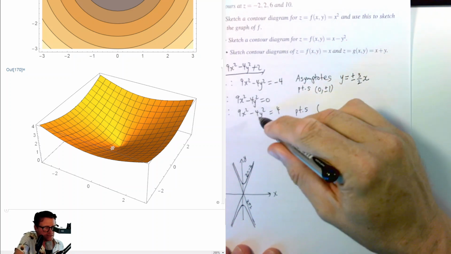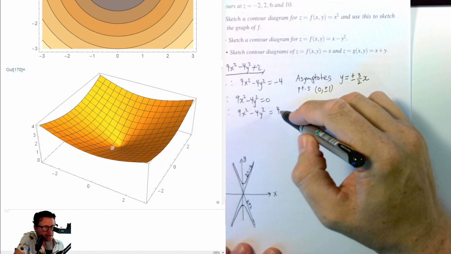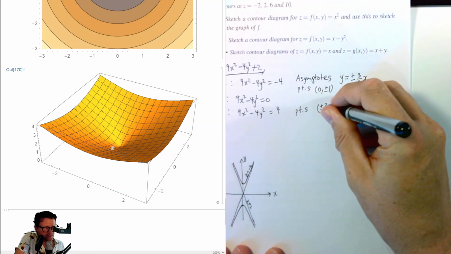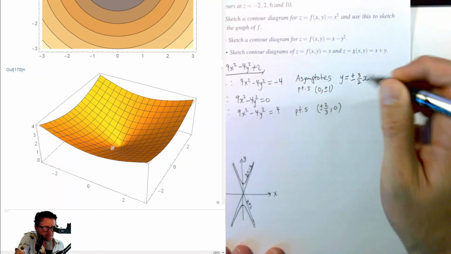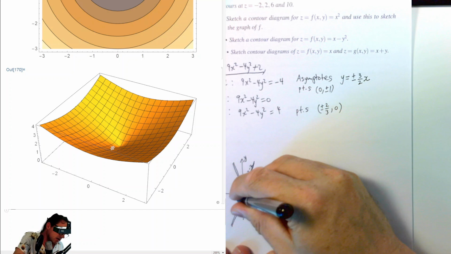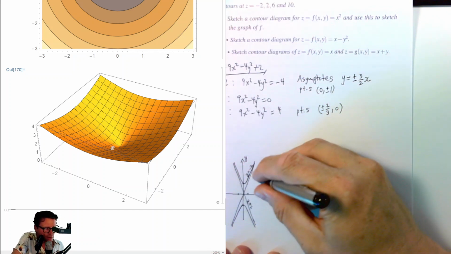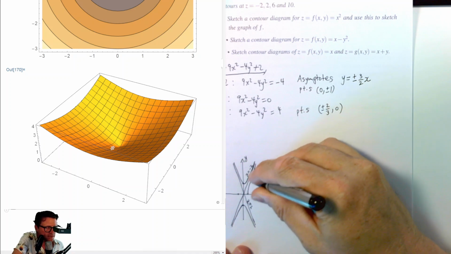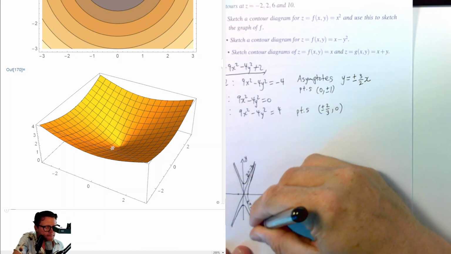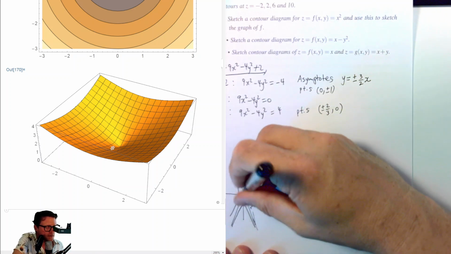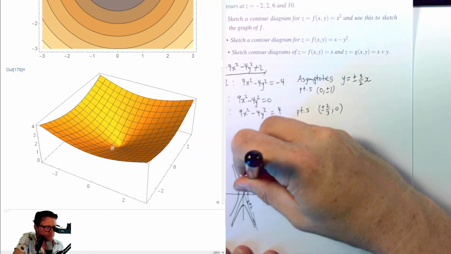If y is equal to 0, then x squared is 4 over 9. So x is plus or minus 2/3 and y is 0. Okay, so let's put that, say, there, and we'll fill in an asymptote. Fill in a hyperbola tending to that asymptote. And so this is z equals plus 2.